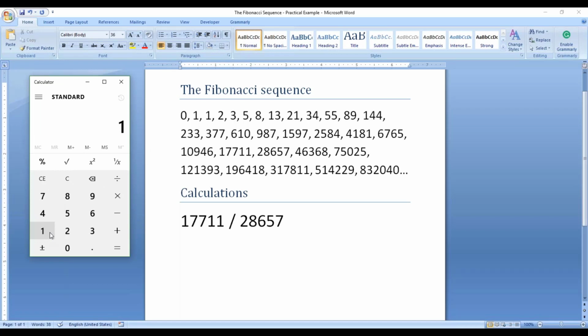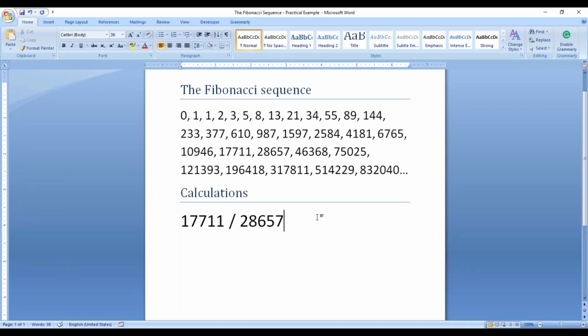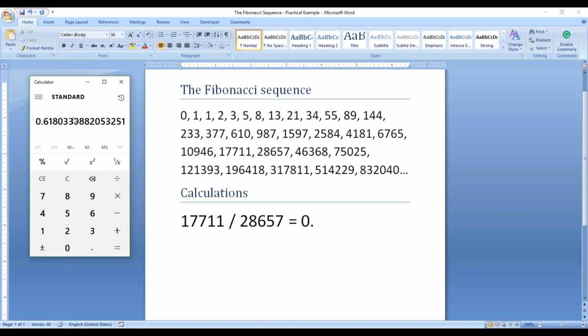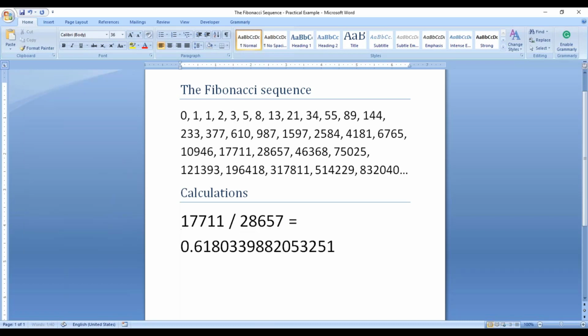So 17,711 divided by 28,657, and we get a result. Here it is. Let me take it out again. I'm going to copy the result and I'm going to paste it for you.